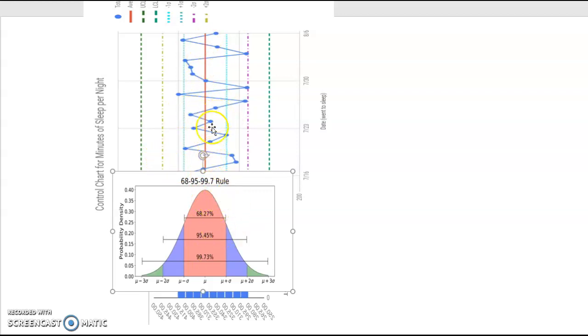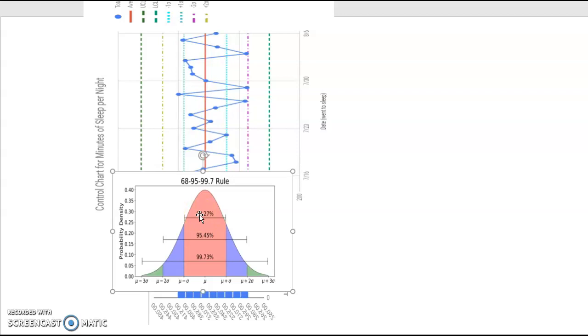Otherwise, the points could be anywhere on the chart, and there's no real rhyme or reason to what's common cause variation, what's just causing the normal back and forth on a chart, and what's actually something going on, maybe some improvement or some decline.